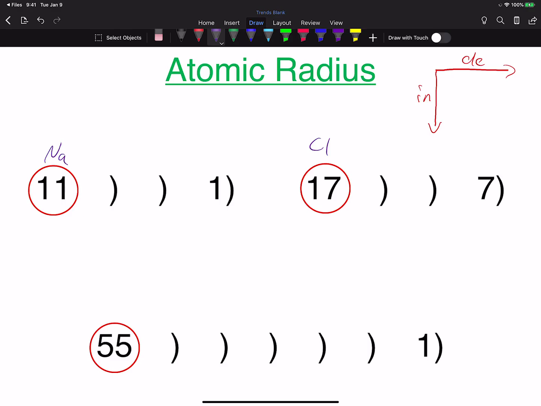So we're starting out with two atoms that are very close to the same size, but then we have a certain feature that's acting on both. Out in the cloud, you have negatively charged electrons. But remember what you have in the nucleus, positively charged protons. There's 11 in the sodium and 17 of them in the chlorine.